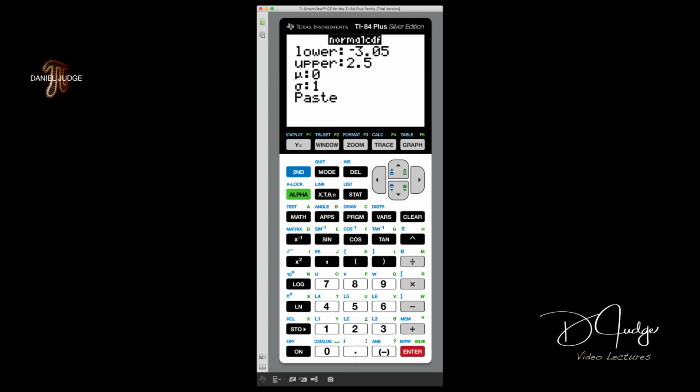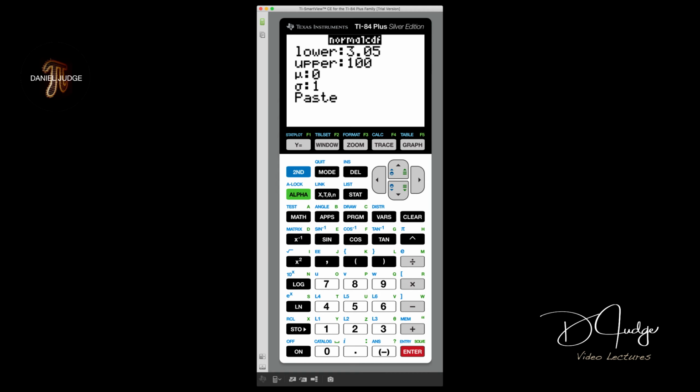We know the lower value here is 3.05, and that's positive. So put 3.05. The upper value, there is no infinity. Put a big number. Put 10. No, bigger. Put 100. Put 1,000. Doesn't matter. I'm going to put 100.